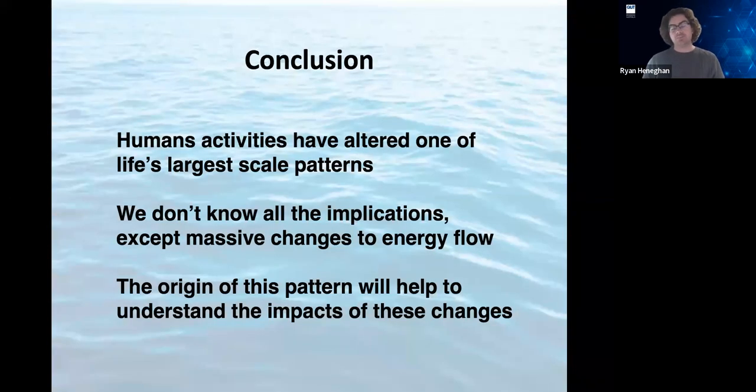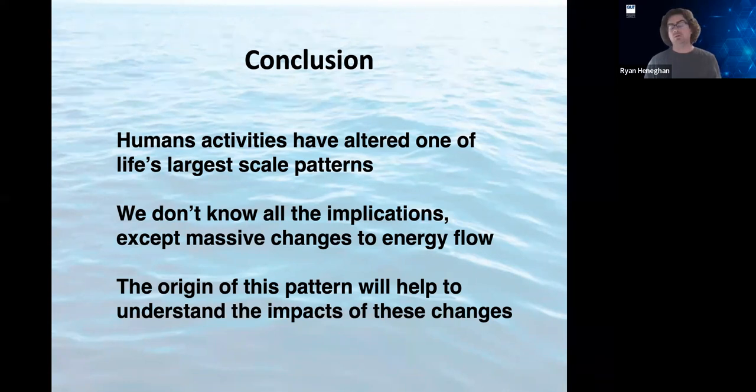So to finish, I spoke earlier about an era of global change, using the size spectrum as a lens to look at global change. What we found is that Sheldon's hypothesis is broadly true at the global scale if we look at global biomass. But we also found that human activities have already altered one of life's larger scale patterns, the global ocean size spectrum.